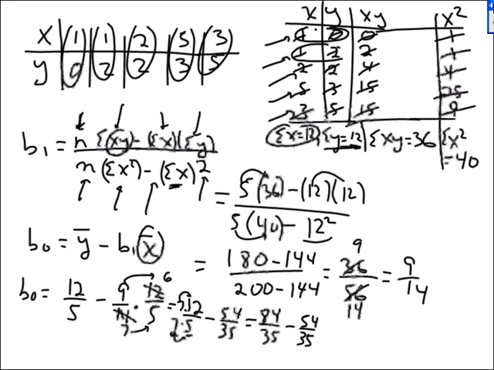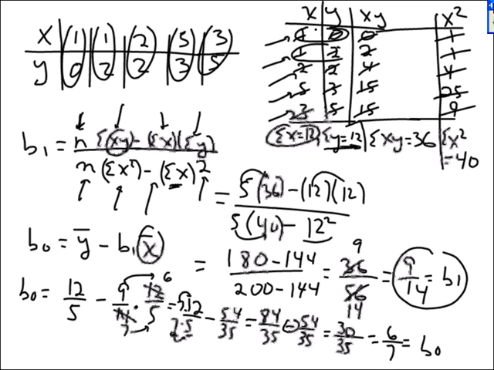Because the other fraction is over 35. In subtraction, if the bottoms are the same, keep it, subtract the tops. 84 minus 54 is 30. And 5 goes into 30 and 35. 5 goes into 30 6 times and into 35 7 times. So this is B1 and this is B0.